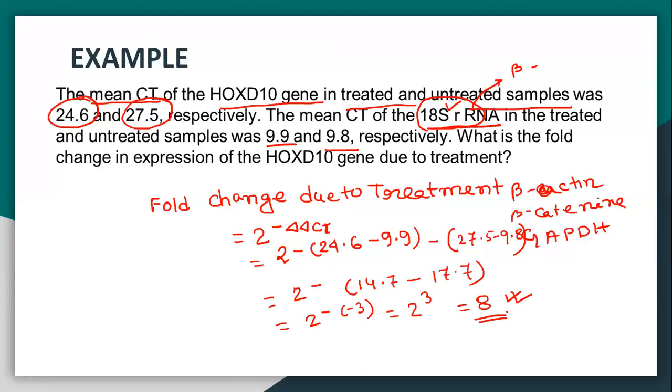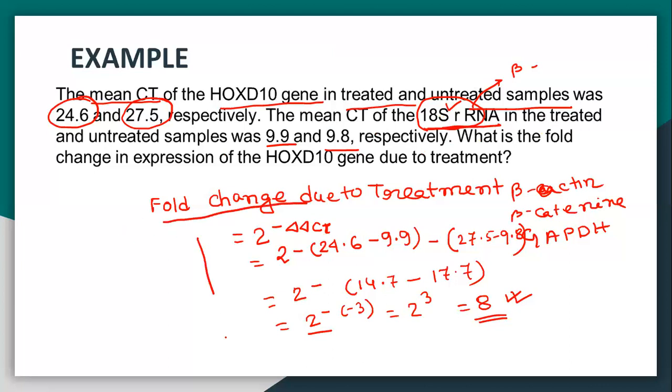What is the fold change in the expression of the HOXD10 gene due to treatment? It will be 8 times. We have to calculate by the 2 to the power minus delta CT method, where the internal control is the 18S rRNA gene. So 8 times fold change.